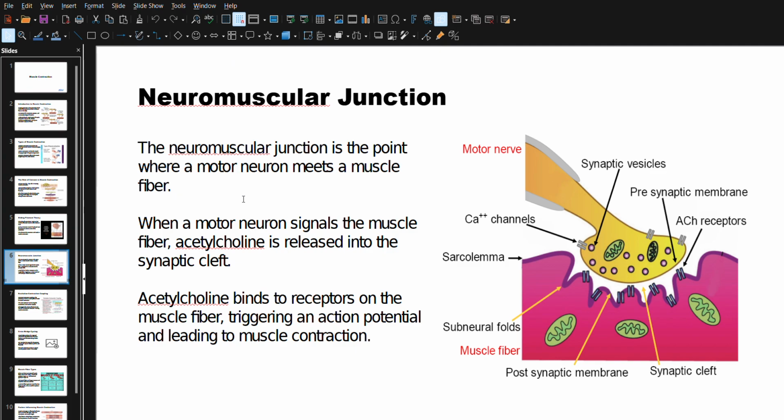When a motor neuron signals the muscle fiber, acetylcholine is released into the synaptic cleft. Acetylcholine, what does it do? It binds to the receptors on the muscle fiber, triggering an action potential and leading to muscle contraction. The place where this happens is called the neuromuscular junction.